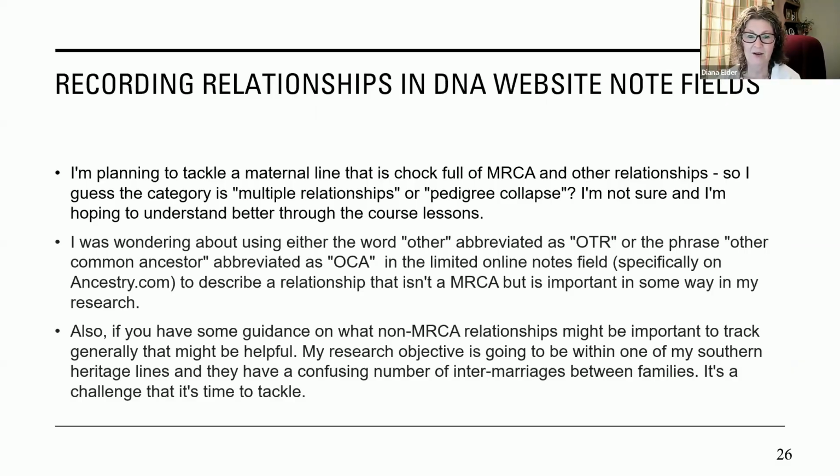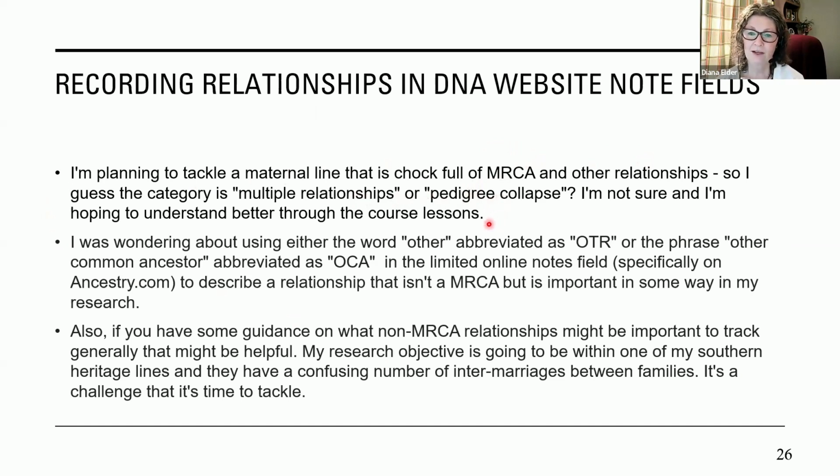All right, so now to another question. This one is about pedigree collapse and how to deal with that in your recording. So the question: I'm planning to tackle a maternal line chock full of common ancestral and other relationships, so it looks like there's maybe some pedigree collapse.